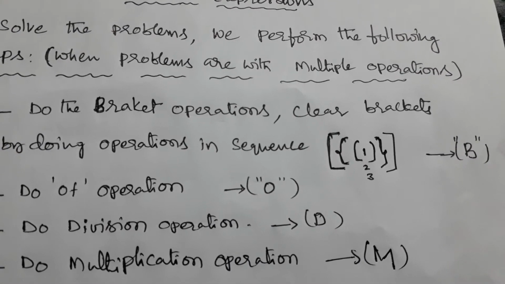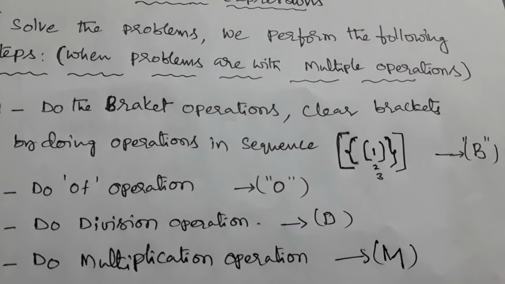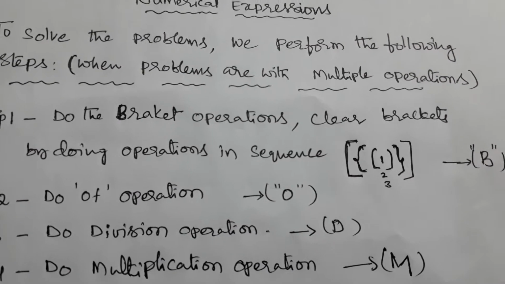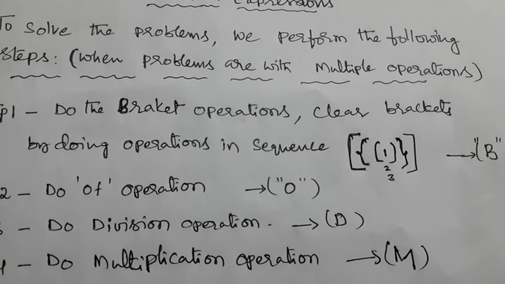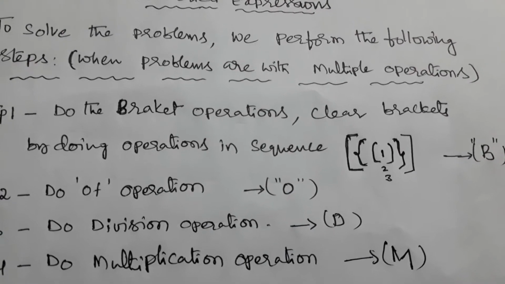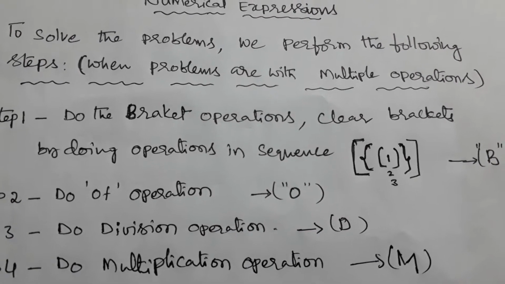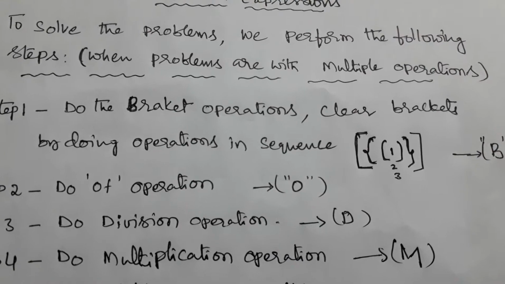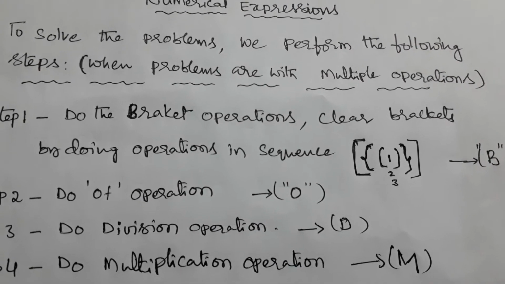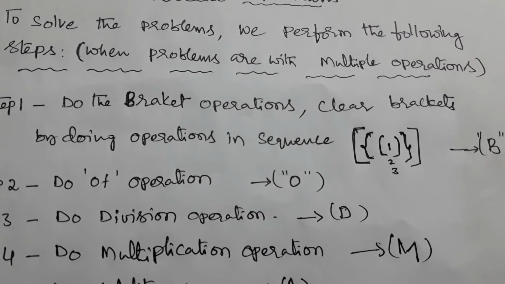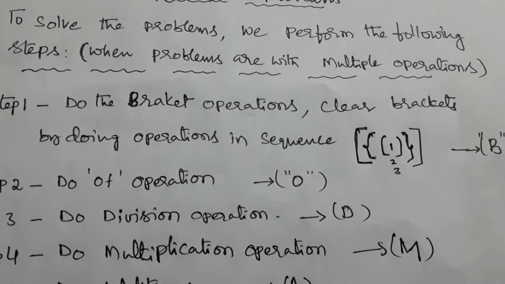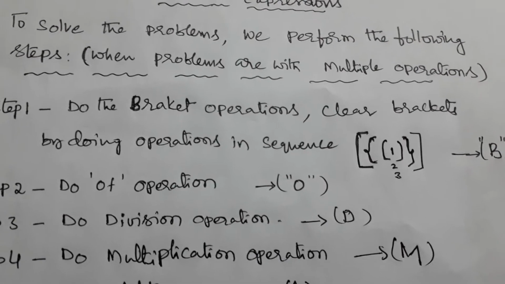Small bracket, first you have to solve and clear that bracket, and that result comes into the flower bracket. Then next you solve the flower bracket, and then the result comes into the square bracket. Then finally solve the square bracket.